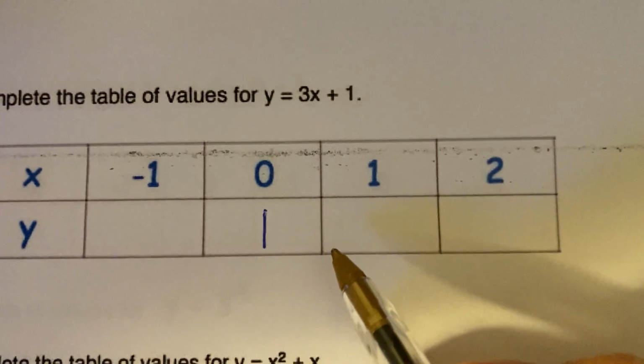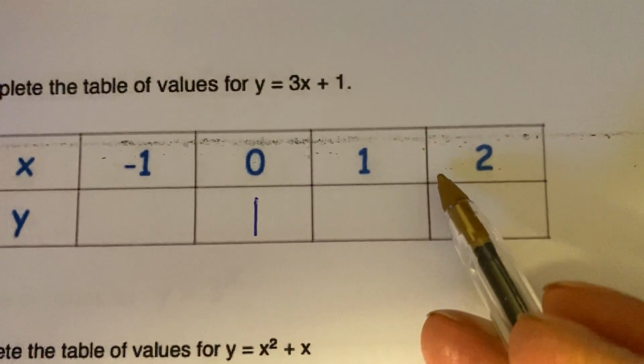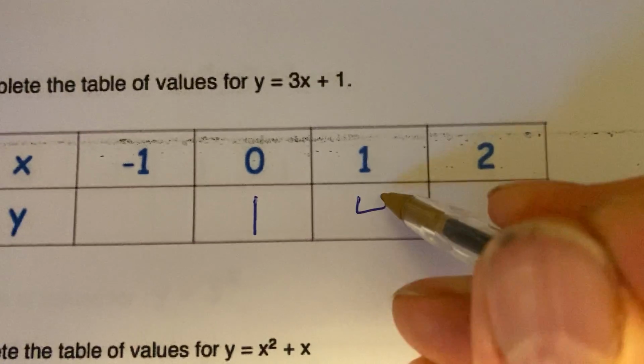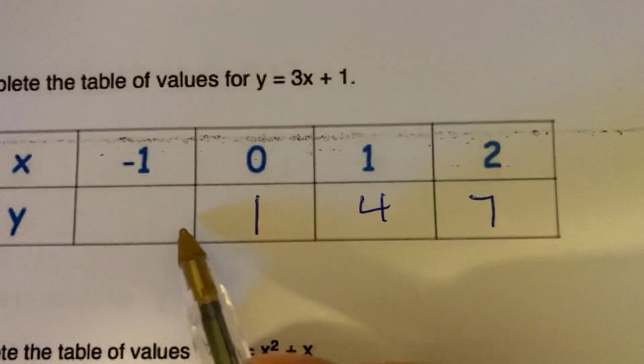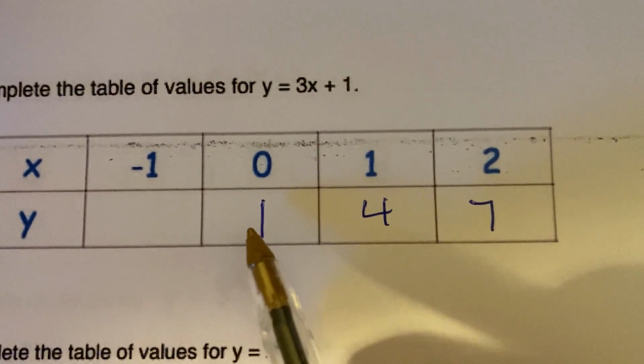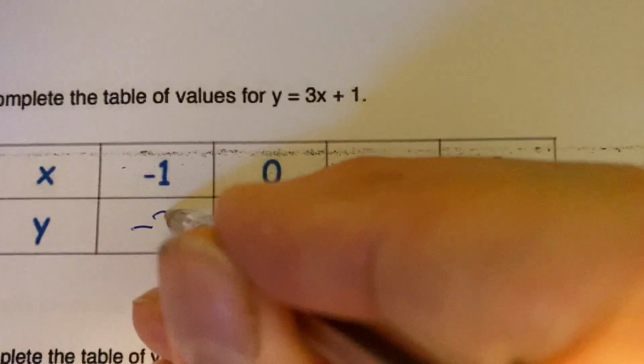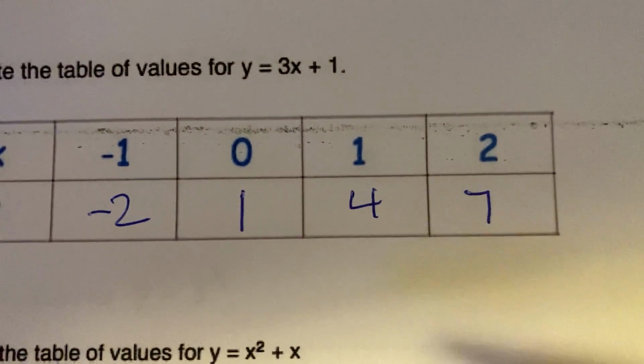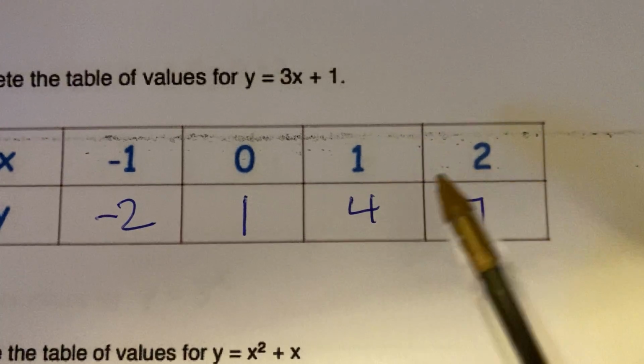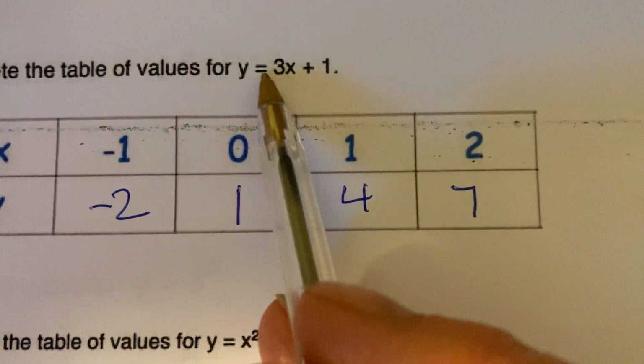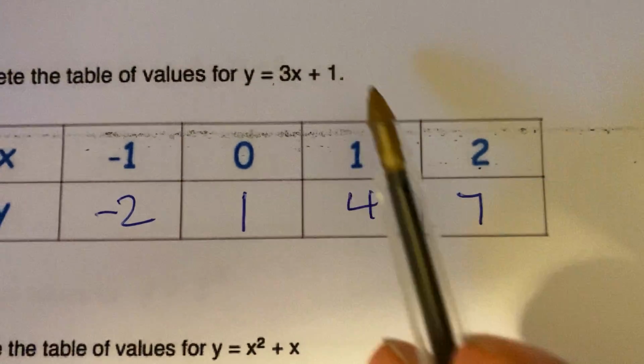And it goes up in threes. And because this goes up in 1, every one across it goes up in threes. That should be 4, that should be 7, meaning that going back from 1, going back in threes, should be minus 2. Now I'm just going to check. Obviously in the exam I'd put it in my calculator, but let's just check. When x is 2, 3 times 2 is 6, plus 1 is 7.